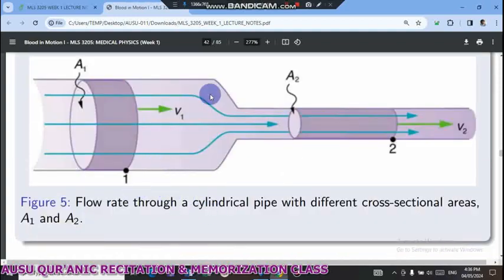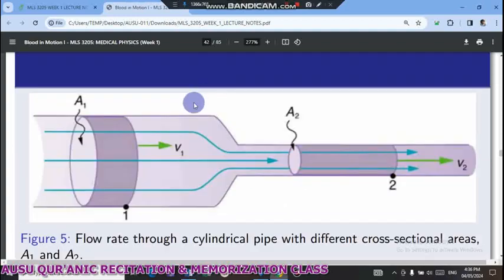Look at the diagram that will help us here. You have a pipe. This one, the diameter or the cross-sectional area is large, and this one, the cross-sectional area is small. So I have, let's say, a liquid. It can be water, it can be blood, flowing through here.